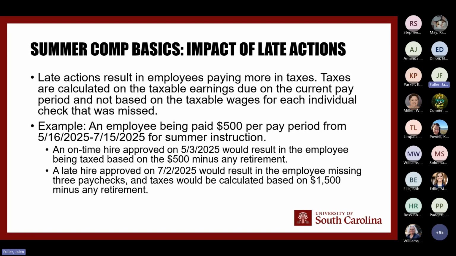So for example, if an employee is being paid $500 per pay period from 5/16/2025 to 7/15 for summer instruction, an on-time hire approved on 5/3/2025 would result in the employee being taxed based on that $500 minus any retirement. However, a late hire approved on 7/2 would result in that employee missing 3 paychecks, and the taxes would be calculated based on a $1,500 amount minus any retirement.